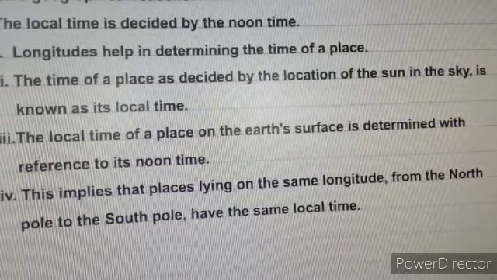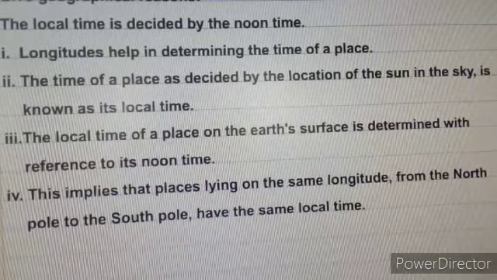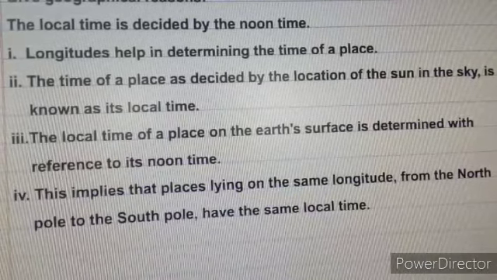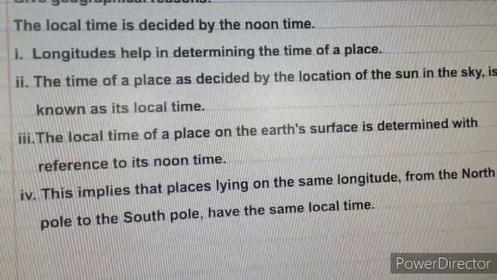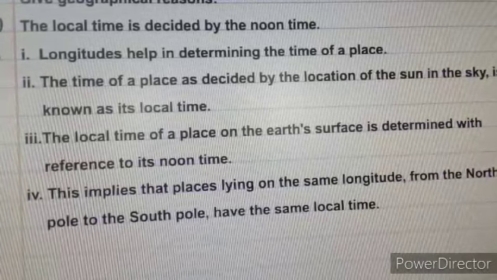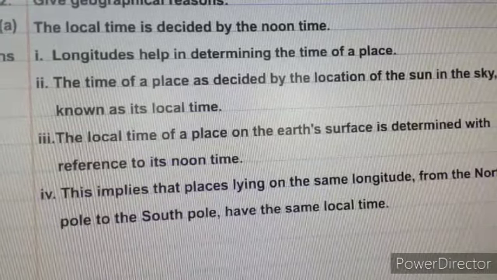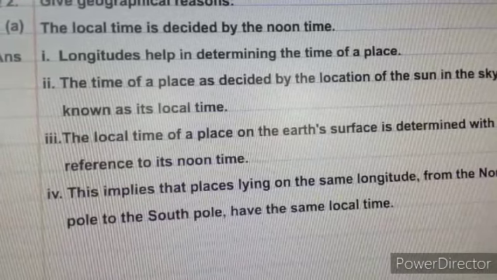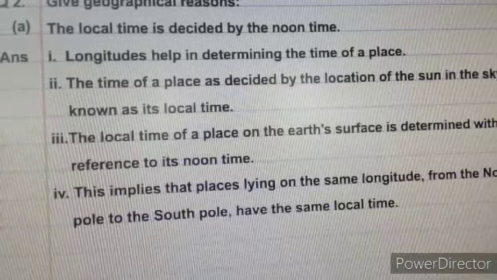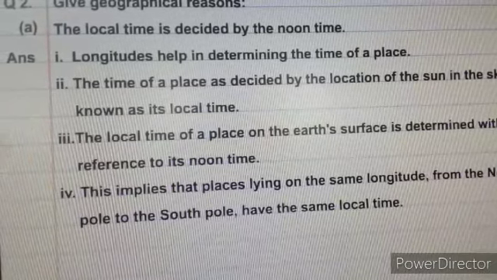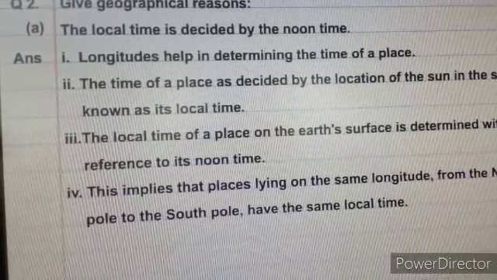Third point, the local time of a place on the earth's surface is determined with reference to its noon time. Fourth, this implies that places lying on the same longitude from the North Pole to the South Pole have the same local time. So, the local time is decided by the noon time.